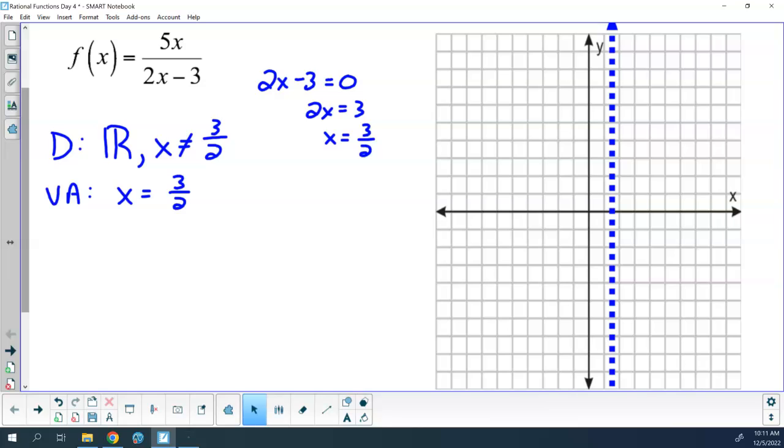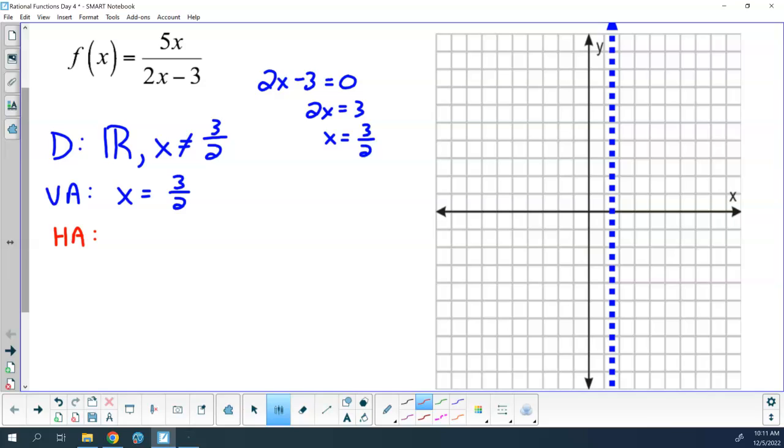Okay. Step number 2. What is the HA? Degree at the top? Degree at the bottom? 1. So they're the same. So that means y equals a over b.